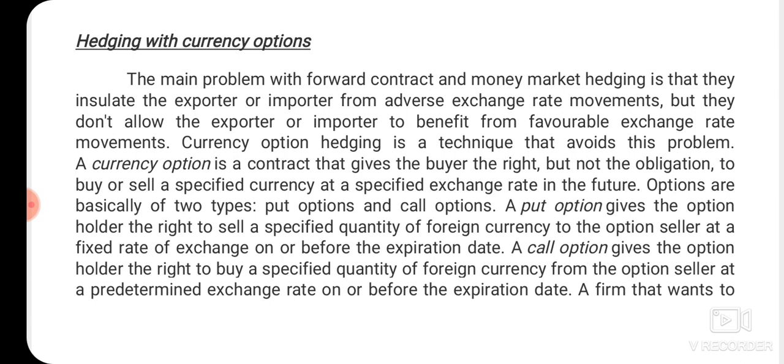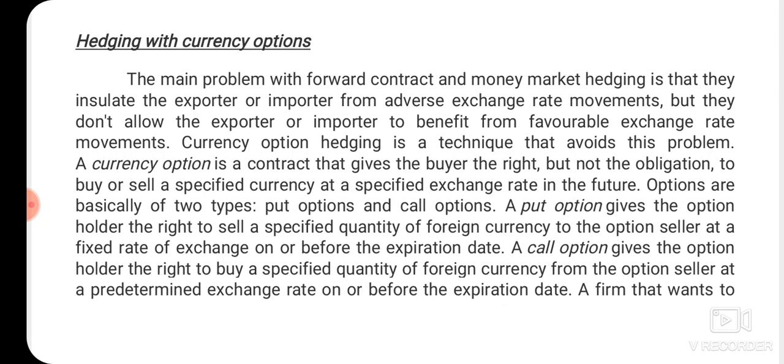There are mainly two options: one is the call option, the other is the put option. A call option means he has the right to buy. A put option means the right to sell. Options are contracts in which the investor gets the right to buy or sell financial instruments at a particular price before a certain date.